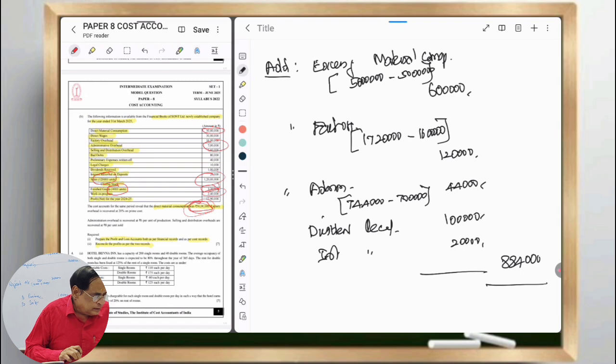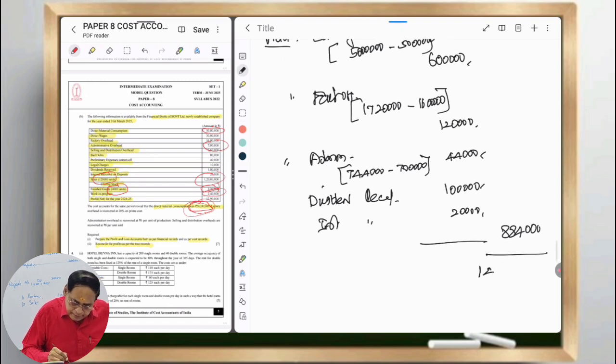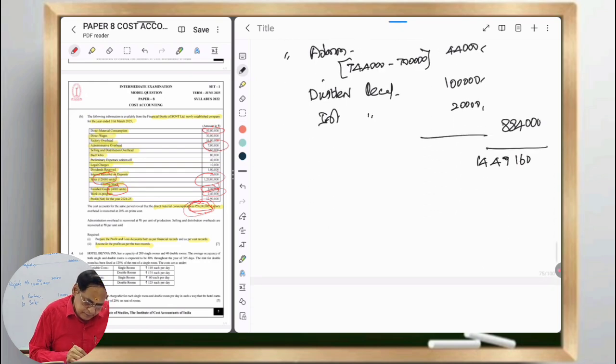If we add, that is 14 lakhs 49,160. And then some other items: we have charged bad debts, preliminary expenses written off, everything must be done in the financial accounts, not in the cost accounting.